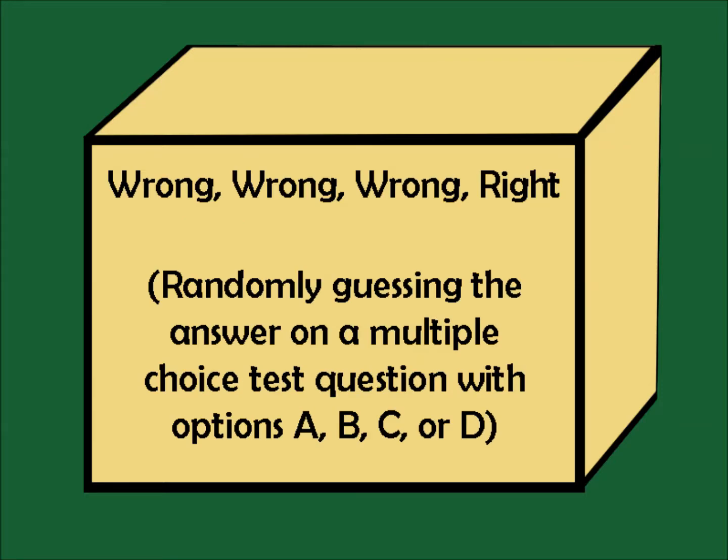If you are randomly guessing the answer on a multiple choice test question that has options A, B, C, or D, then one of those answers would be right and 3 of them would be wrong. So the possible results of that problem would be a wrong, a wrong, a wrong, or a right.